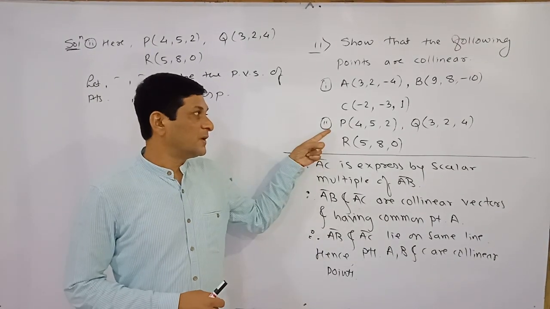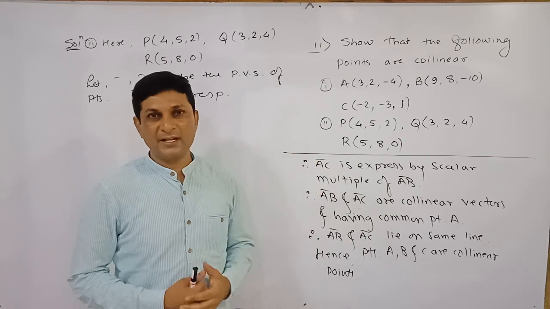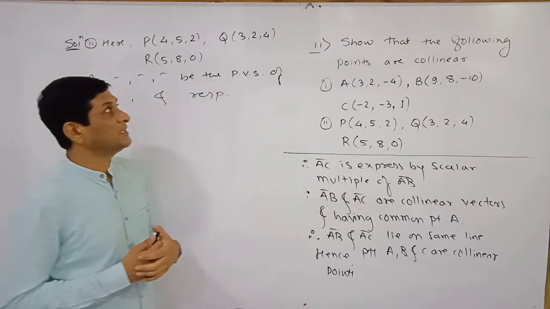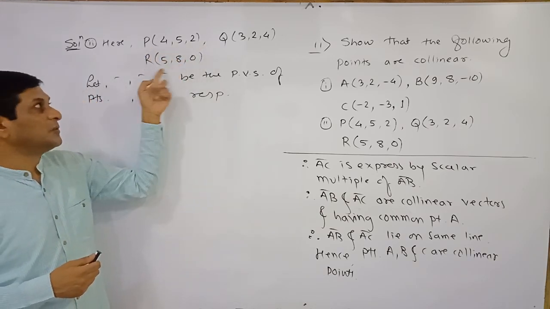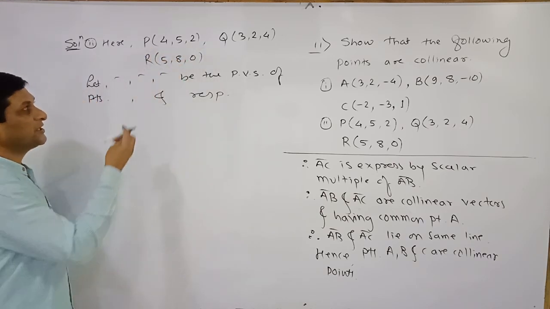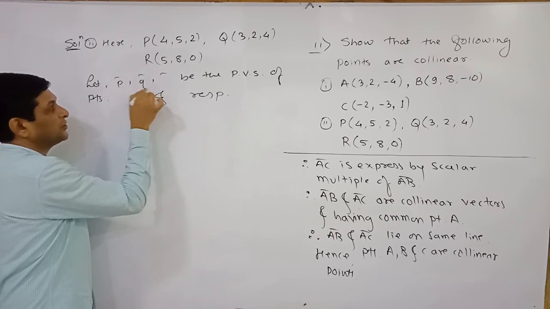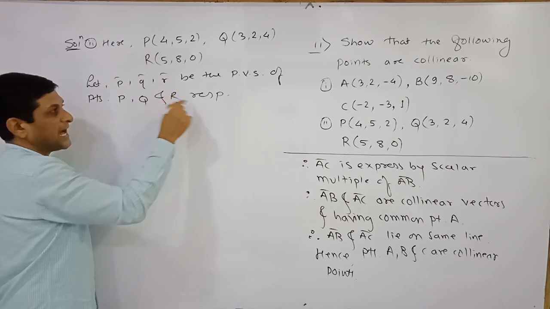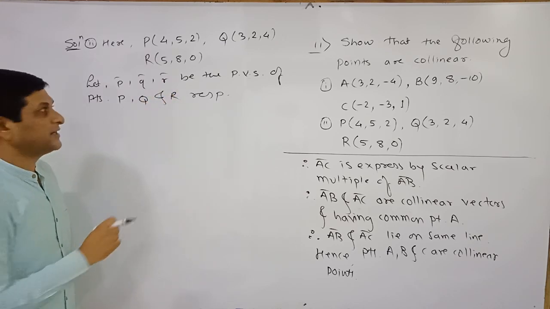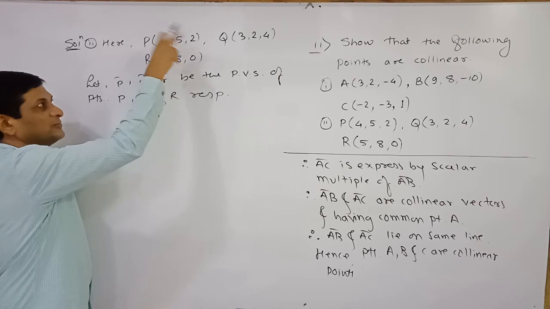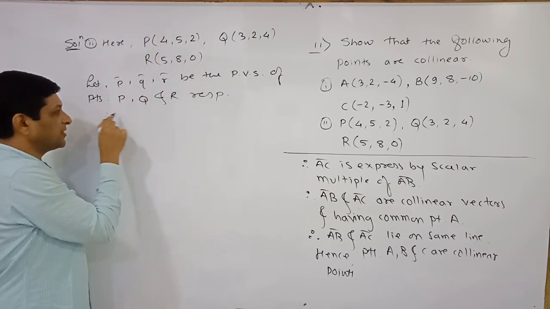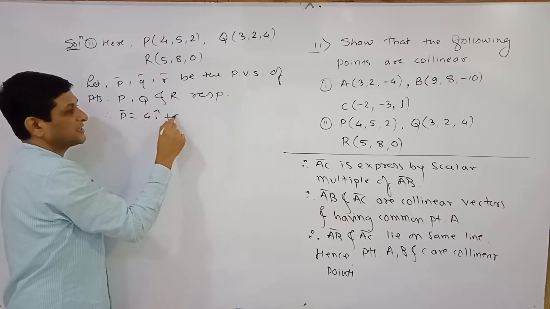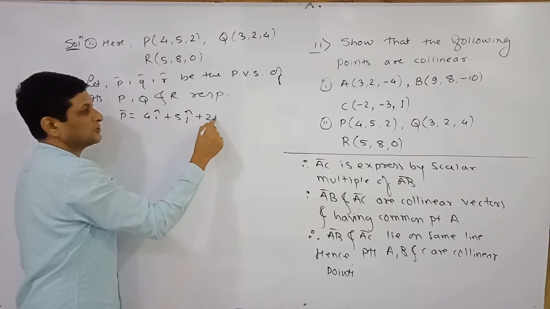Now let us try to solve the second example from question number 11. So this example is very similar to example number one. Here also coordinates of 3 points P, Q, R are given to us. So let us denote their position vectors by P bar, Q bar, R bar. So these are the position vectors of points P, Q and R respectively. Now we are trying to find the values of P bar, Q bar, R bar from the coordinates of these points. So P bar will be equal to 4i cap plus 5j cap plus 2k cap.